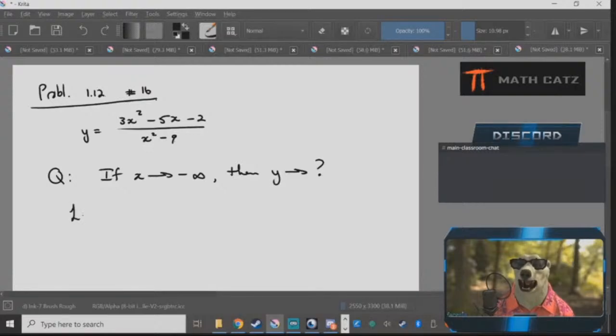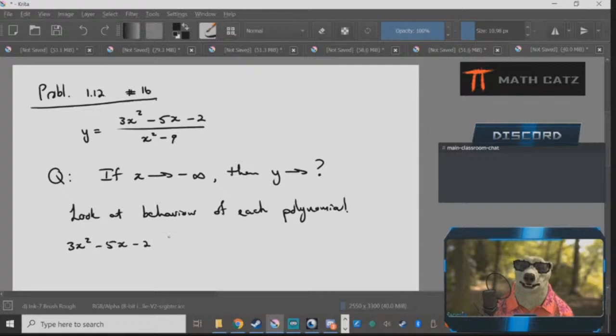So I want to look at the behavior of each polynomial. The numerator, 3x squared minus 5x minus 2, behaves like its leading term because x is going to one of the infinities. Its leading term is 3x squared.